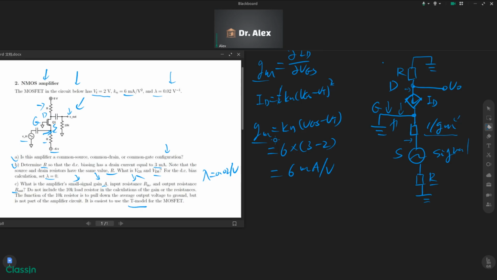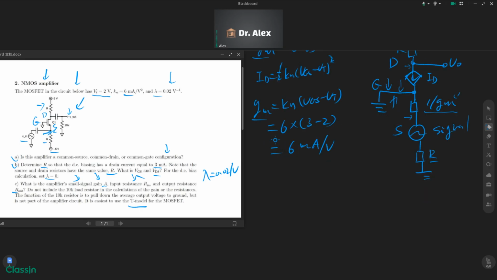So it's very simple to get the input resistance, which is just the reciprocal of gm, and the answer is 166.67 ohm. This is the expression for our Rin. Why?